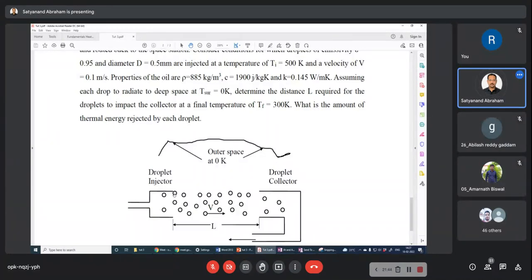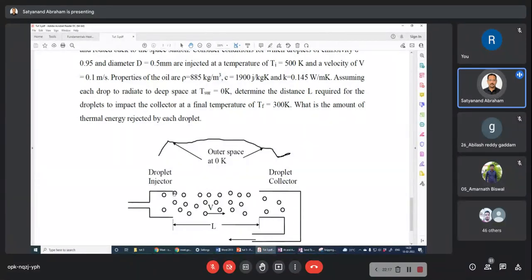We only need to see what type of situation we are dealing with. The clue is that we are talking about small droplets, so there is a high chance that we can assume the temperature variation, the gradient within the droplet, to be zero.